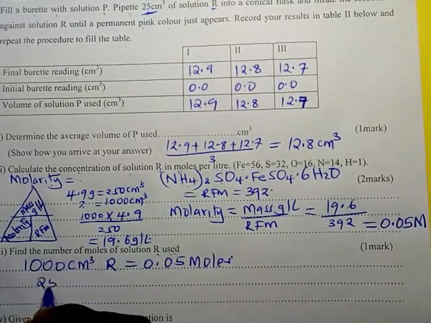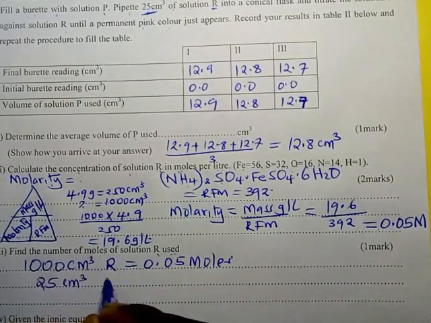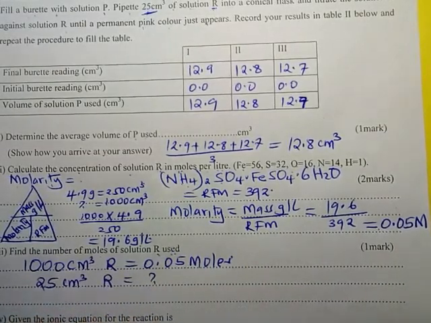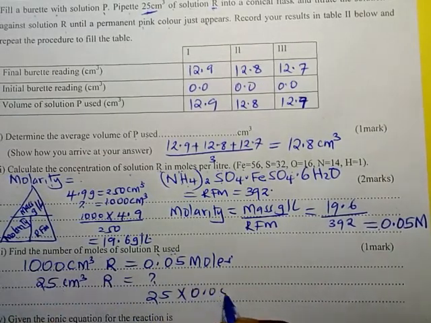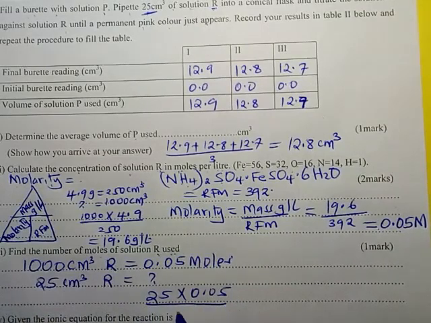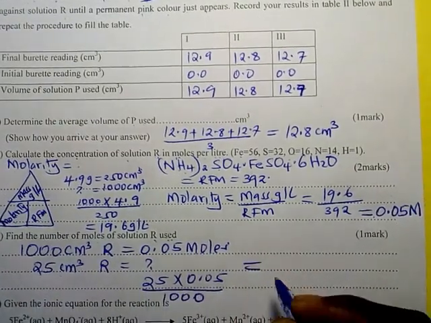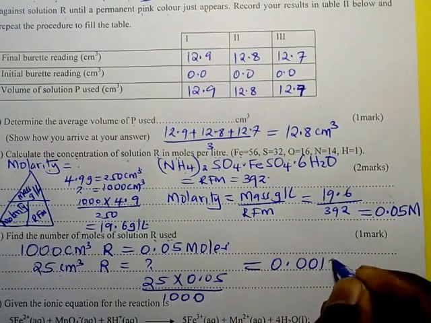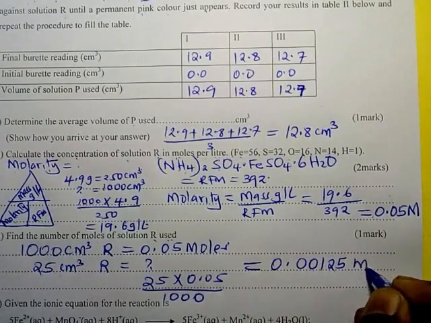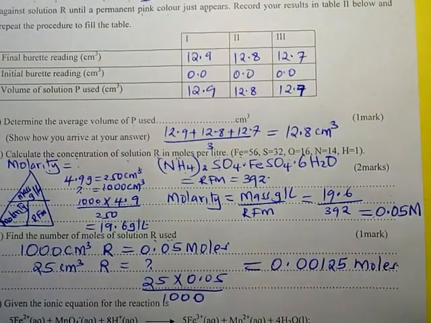So we will ask, 25 centimeters cube of solution R used will contain how many moles? Now that one is 25 times 0.05, you divide by 1000, and this one gives us 0.00125 moles, right?